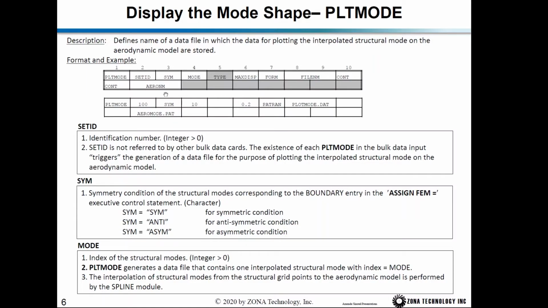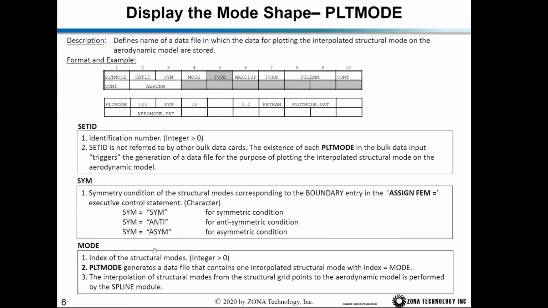Structurally, if you have a half-span model, you can import the symmetric mode and anti-symmetric mode using two assigned FEM executive control commands. So when you plot the mode, you want to plot the symmetric mode or anti-symmetric mode. But if you have a full span model, you have to say async.